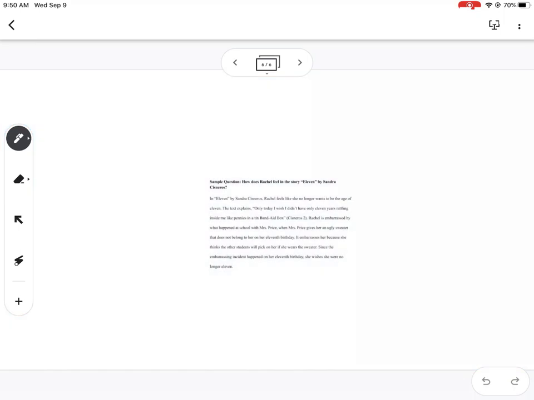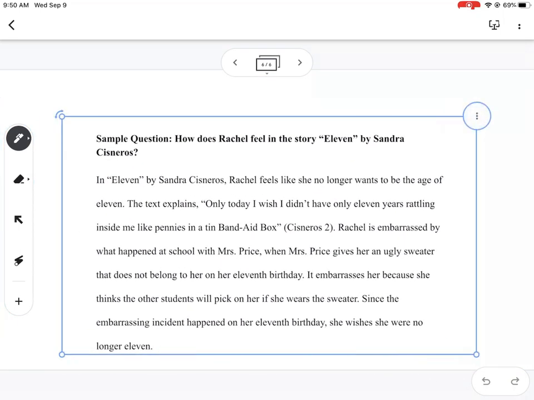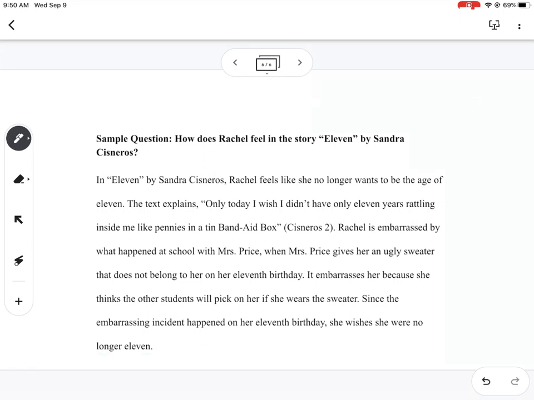So let's look at an example of a TAICE paragraph. So the sample question that I have here is, how does Rachel feel in the story 11 by Sandra Cisneros? So it reads, in 11 by Sandra Cisneros, Rachel feels like she no longer wants to be the age of 11. The text explains, only today I wish I didn't have only 11 years rattling inside me like pennies in a tin Band-Aid box, Cisneros 2.